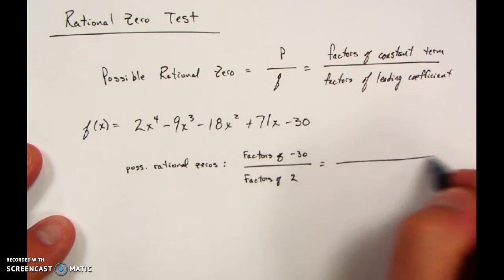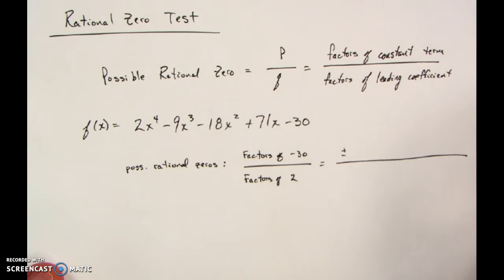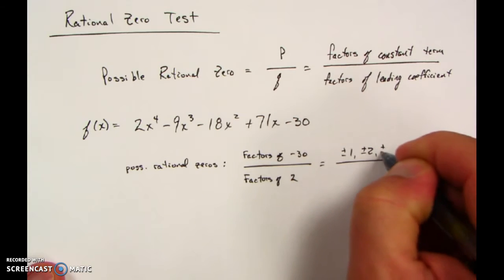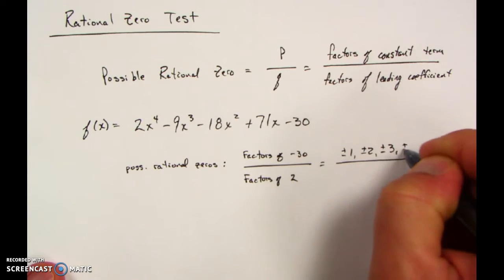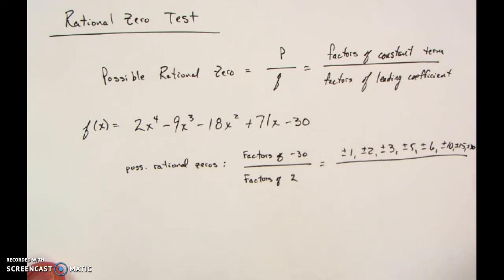So for factors of negative 30, first of all, we're going to treat everything as a plus or minus. And so it would be plus or minus 1, plus or minus 2, plus or minus 3, plus or minus 5, 6, 10, 15, and 30. Quite a few factors for 30.